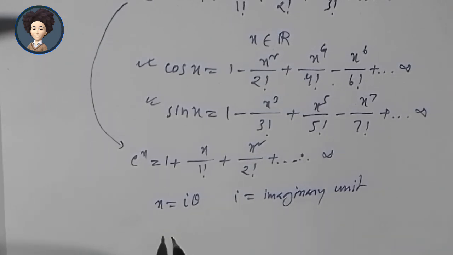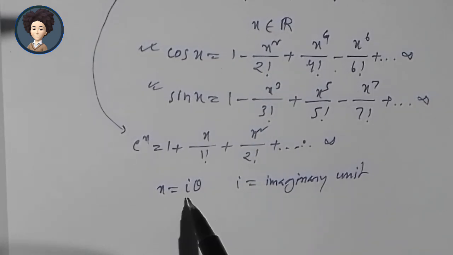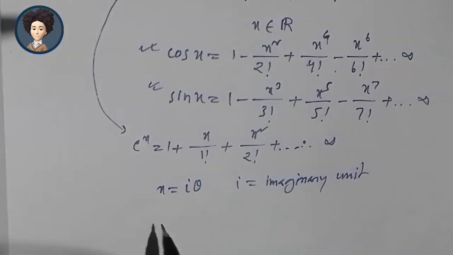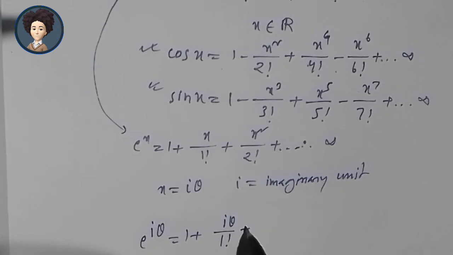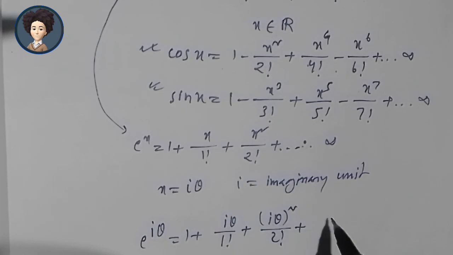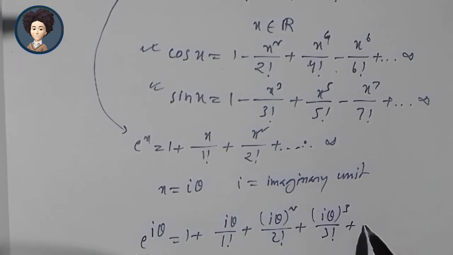Now we substitute in place of x. So e to the power i theta is 1 plus i theta divided by 1 factorial plus i theta whole squared divided by 2 factorial plus i theta whole cubed divided by 3 factorial plus, and so on.